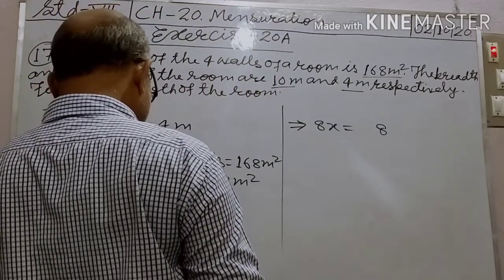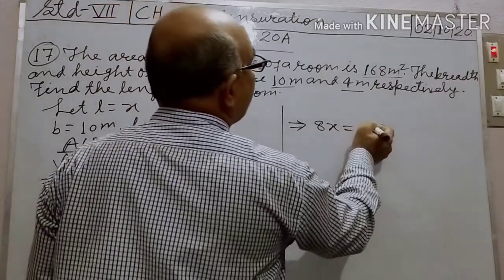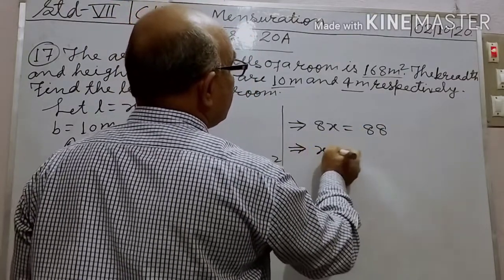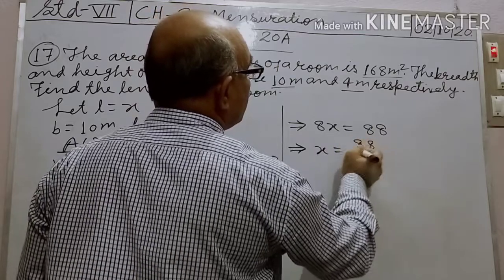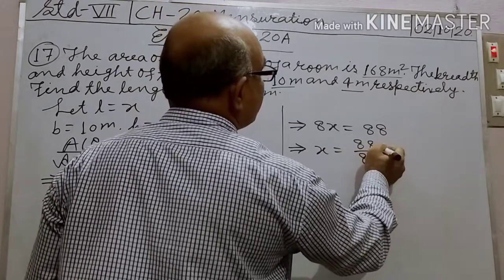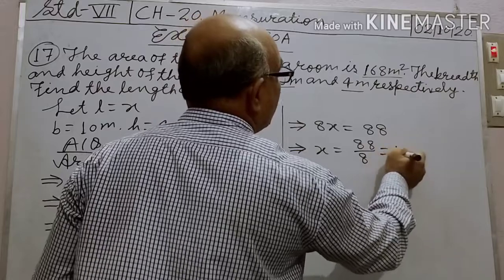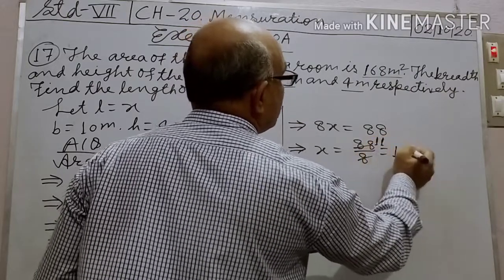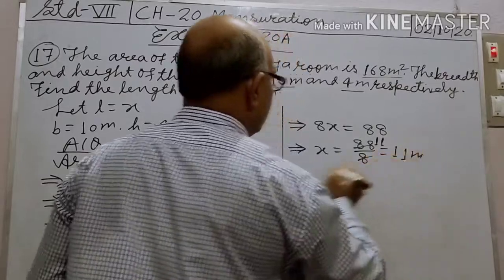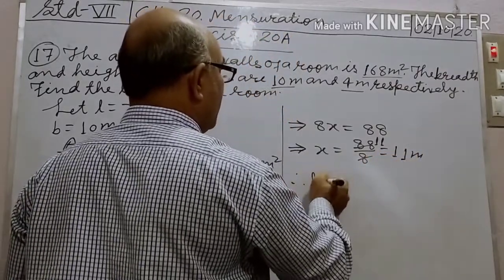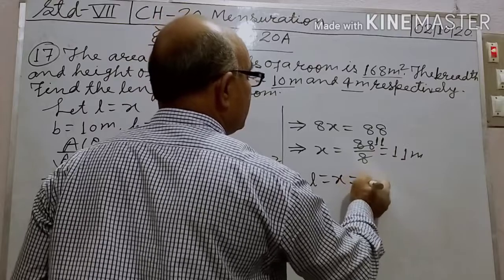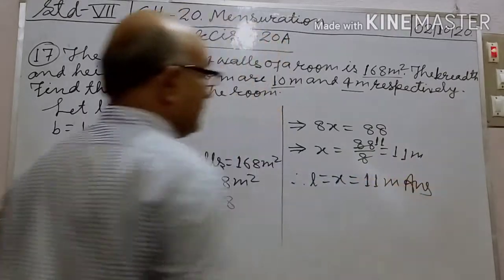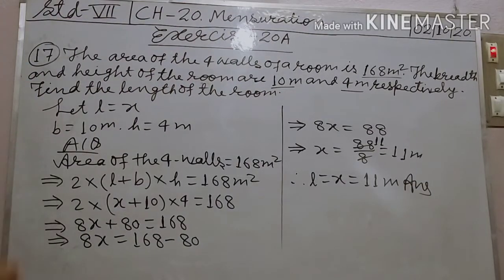And 16 minus 8, 8. So 88. That implies 8x equal to 88, x equal to 88 by 8 equal to 11 meter. Therefore length equal to x equal to 11 meter is the answer of this question. Students, understand and write it.